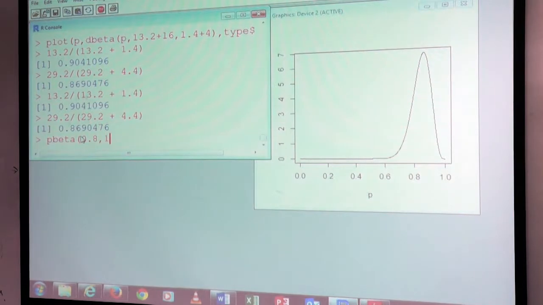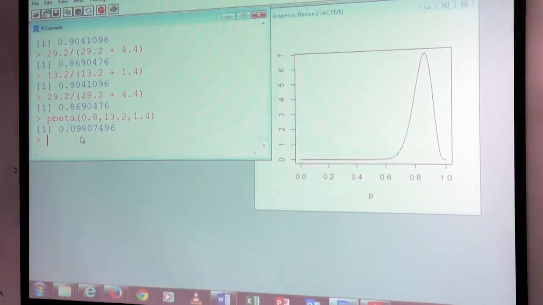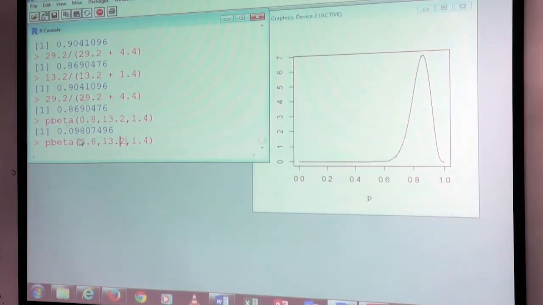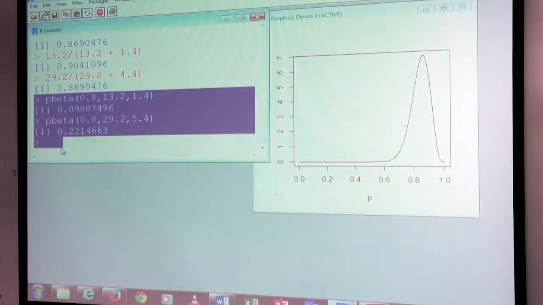This is the prior first, and the posterior. 29, wasn't it? There you go. So there's my answers.